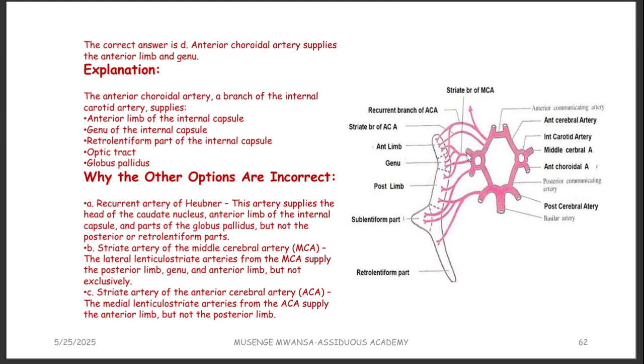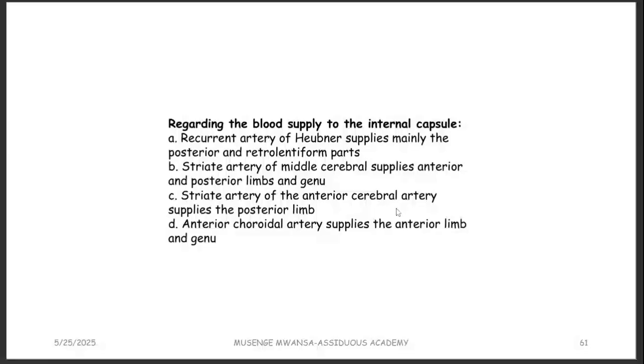The middle cerebral supplies three parts, same with the posterior cerebral. Middle cerebral supplies the anterior limb, the genu, and the posterior limb, while the posterior cerebral supplies the posterior limb, sublentiform, and retrolentiform. Anterior choroidal supplies two parts, the posterior limb and the sublentiform.